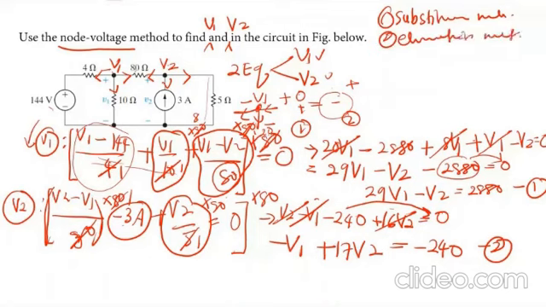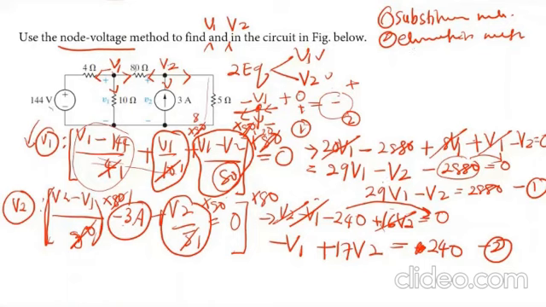Both can be used to solve these two equations in order to get the values for V1 and V2. Positive 240, oh, this was a mistake. Okay, so 240. So you can use either substitution or elimination to get V1 and V2.